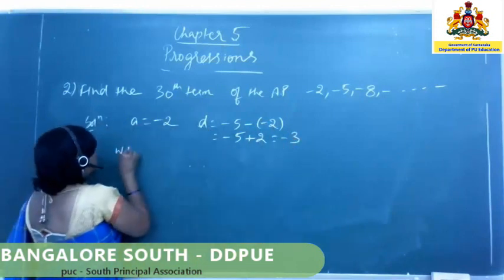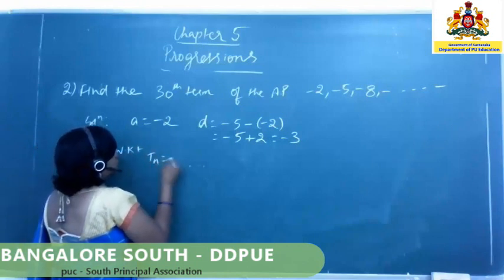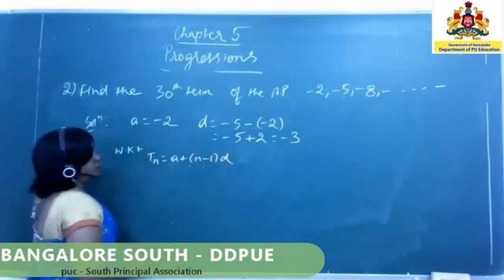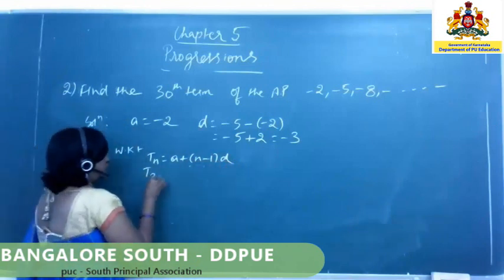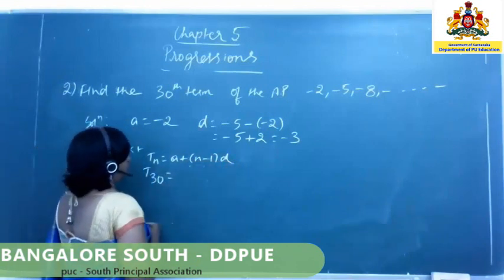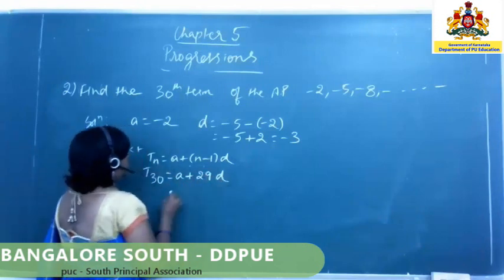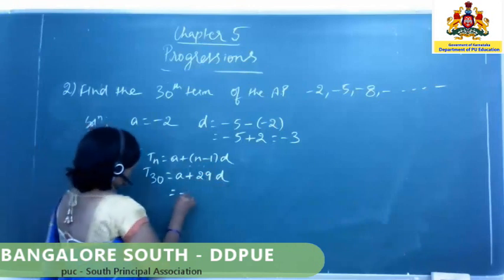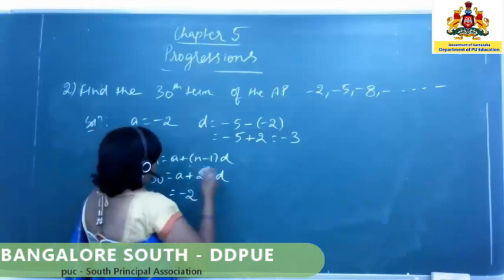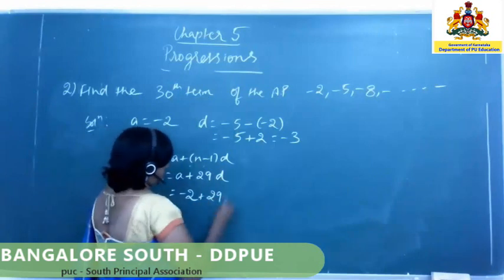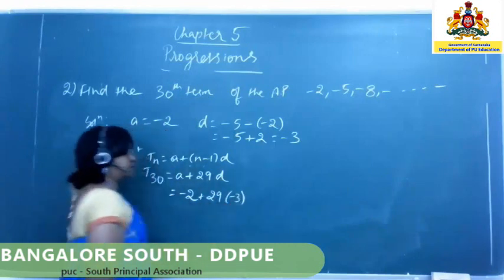And we know that Tn is equal to A plus n minus 1 into D. So T30 will be equal to A plus 29D. So A is minus 2 plus 29 into D, which is minus 3.